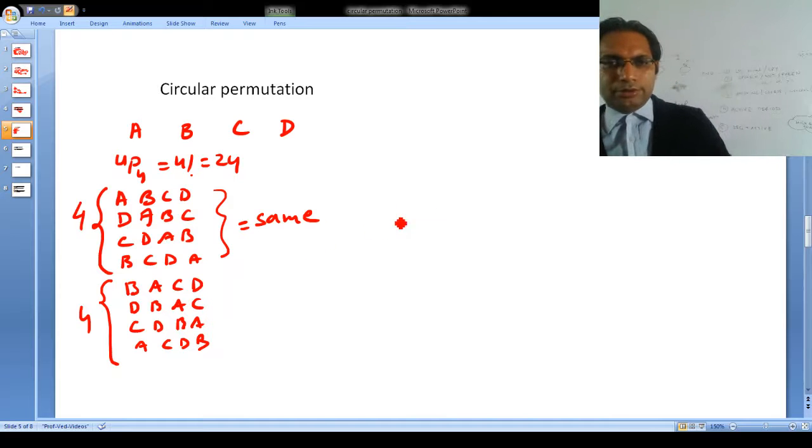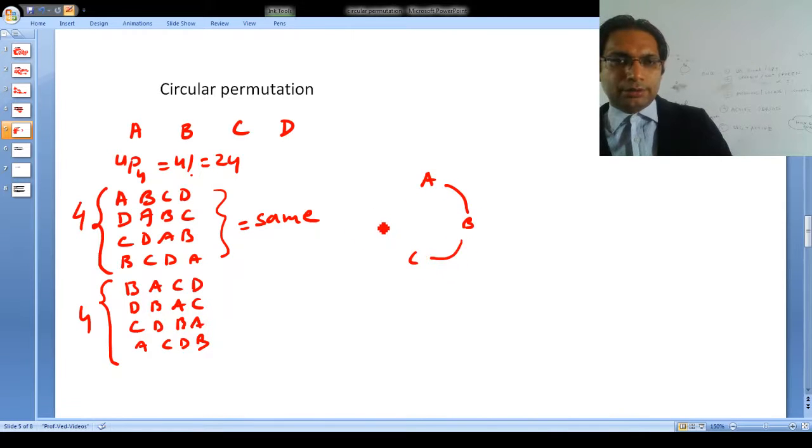But let us see how it is the same. I write A, then B, then C, and then D. And then let us take another one: D, and then I write A, then B, then C.